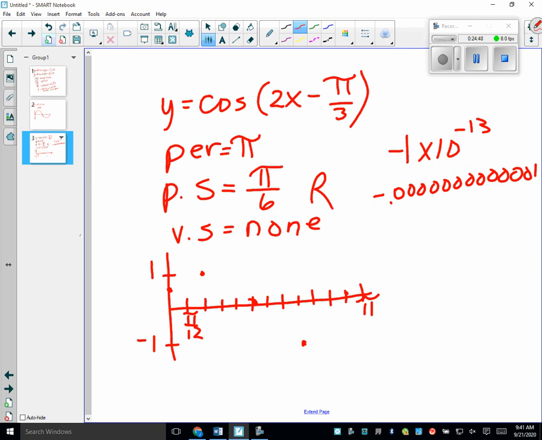So basically my graph looks like this. And it really shouldn't curve here. It really should just go like that. It's a curve that follows those points.